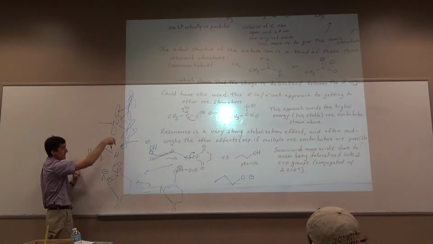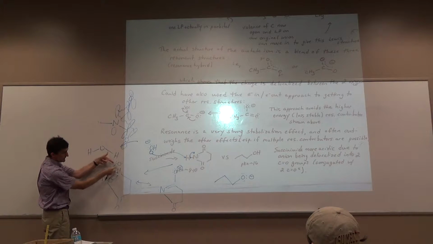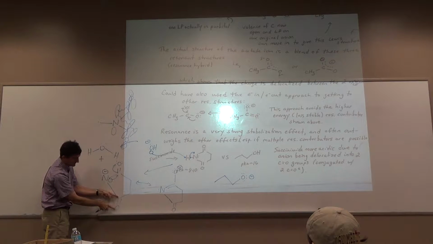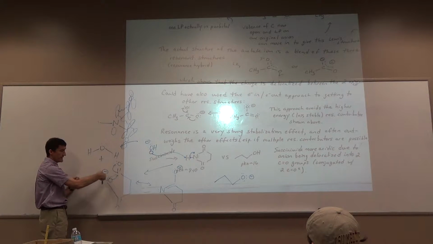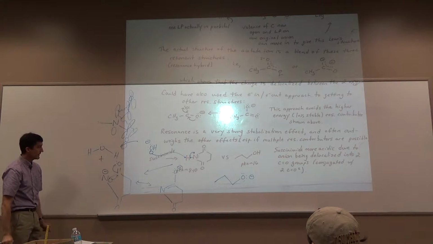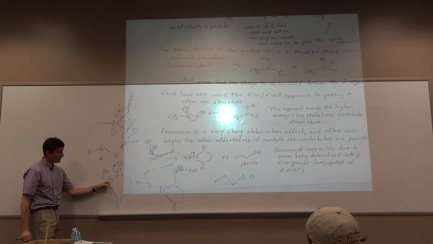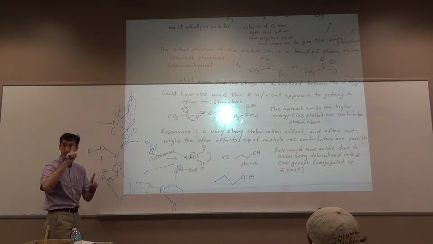I tried to draw them there. That pi bond's coming from two p orbitals, right? Same thing here. But if we can make this guy have a p orbital, then you've got five lined up. And we said already, anytime a lone pair is next to a p orbital, it's going to want to line up and be in a p orbital.